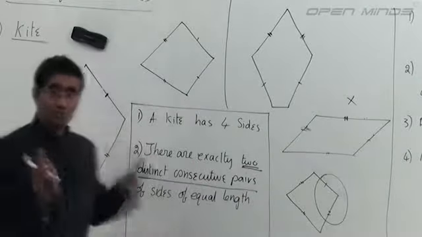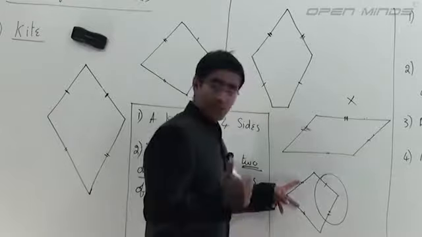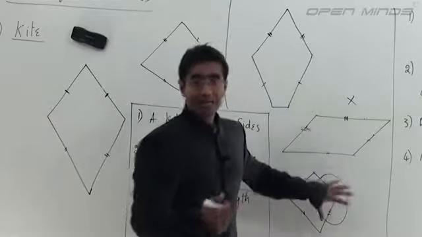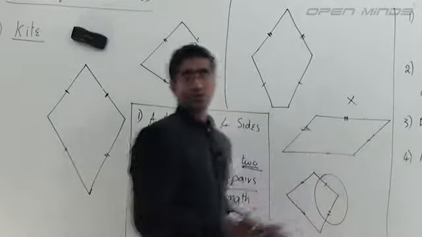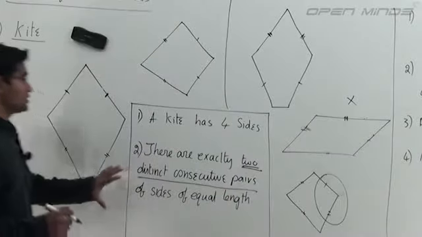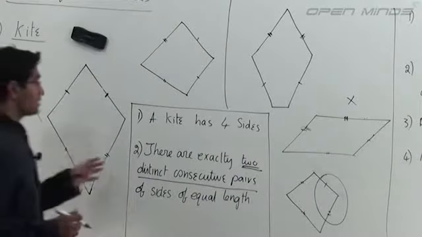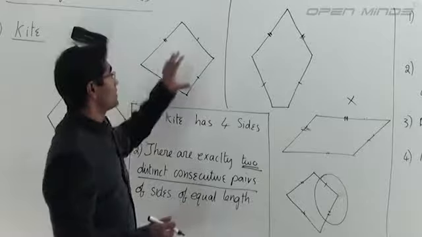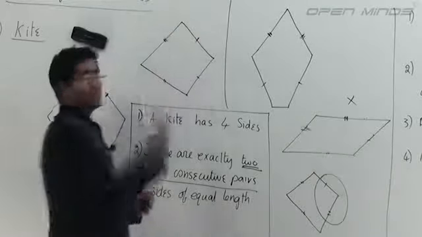It means there should be two pairs. Here there is one pair, but the other pair is not. That doesn't make it a kite. Very simple. So these are the two conditions to say that a particular diagram is a kite.